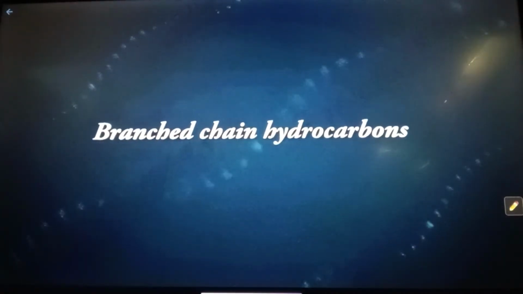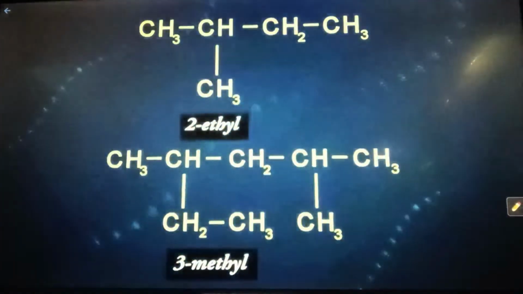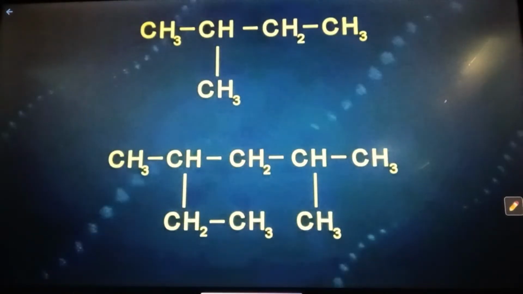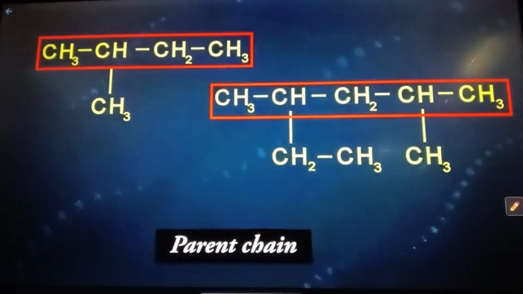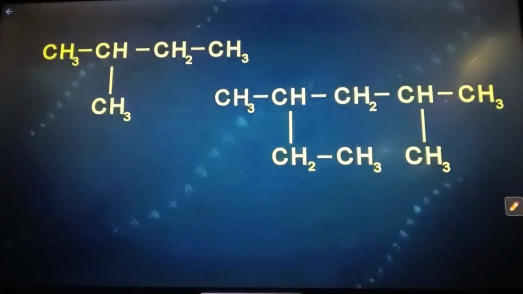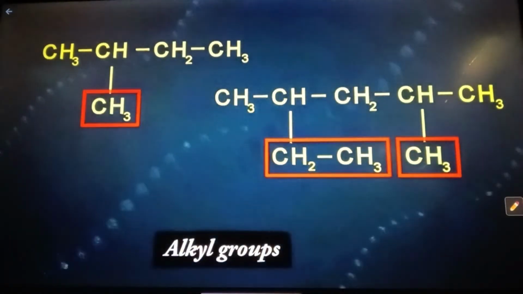Now let us study about the branched chain hydrocarbons. In a branched chain compound, small chains of carbon atoms are attached at one or more carbon atoms of the parent chain. The small carbon chains or branches are called alkyl groups.